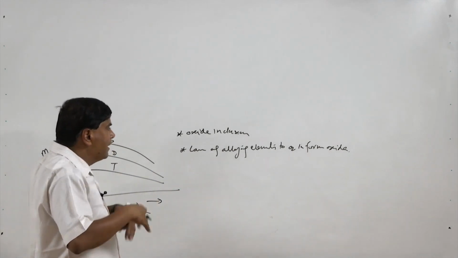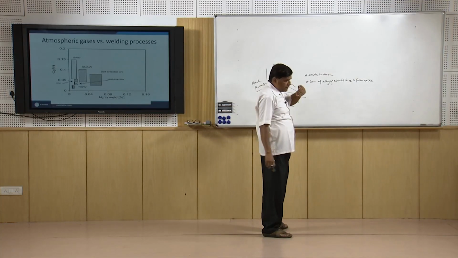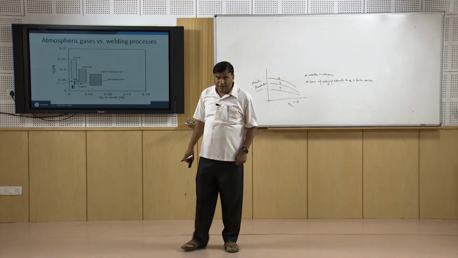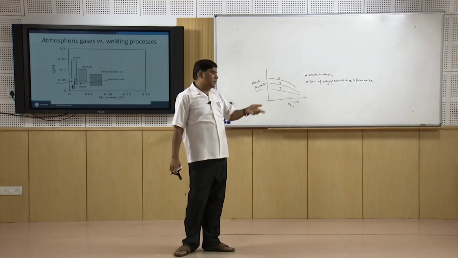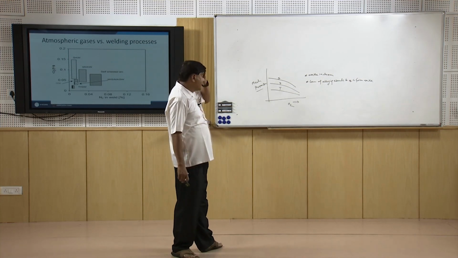So, if the alloying elements are lost or the oxide inclusions are present, or the more oxygen is leading to the loss of the hardenability due to the loss of alloying elements, then they will degrade the properties of the steel.